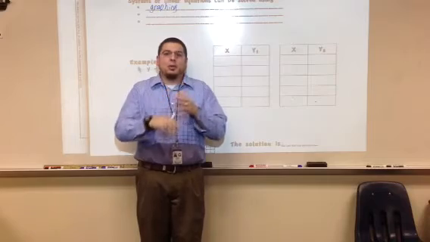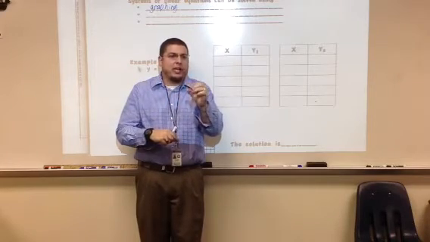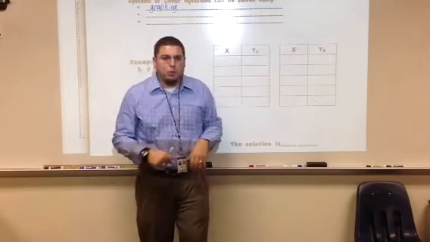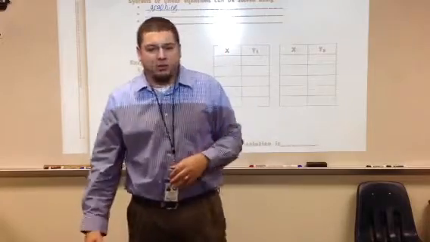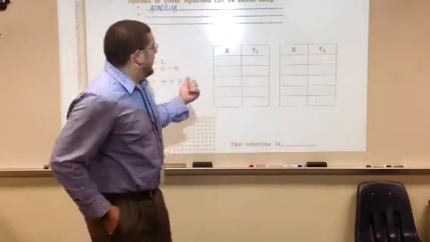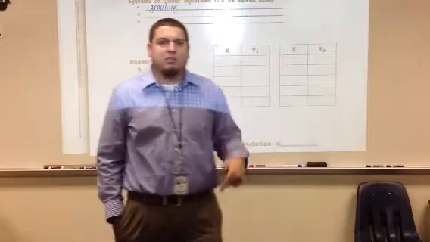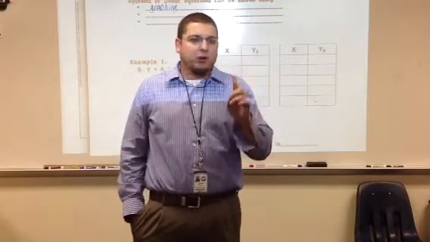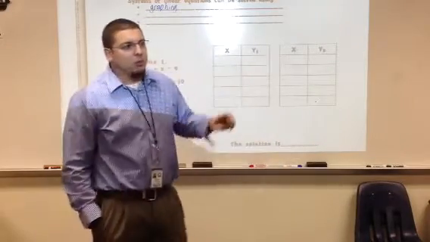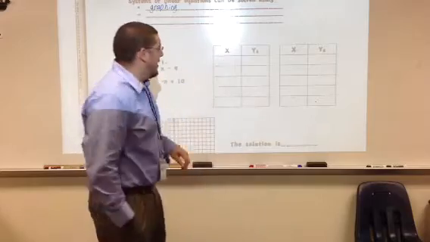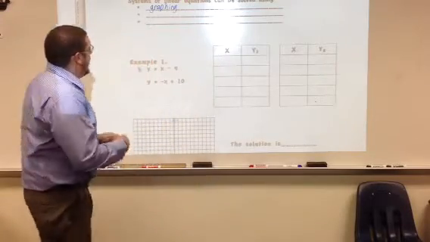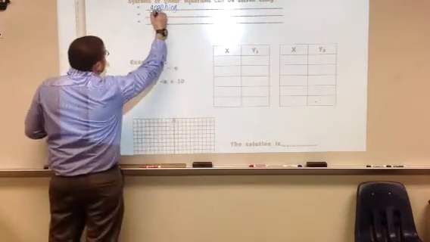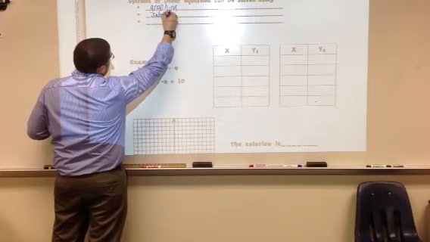If they intersected, we'd look for that point of intersection and identify the coordinates of the point where they intersect. That would be our one solution. The cool thing about this is I can show you a really good way to use the calculator to solve this. But first you need to be able to show me how to do it manually. So work on that and I'll show you an easy way to use the calculator. So graphing is one. The next way is substitution.